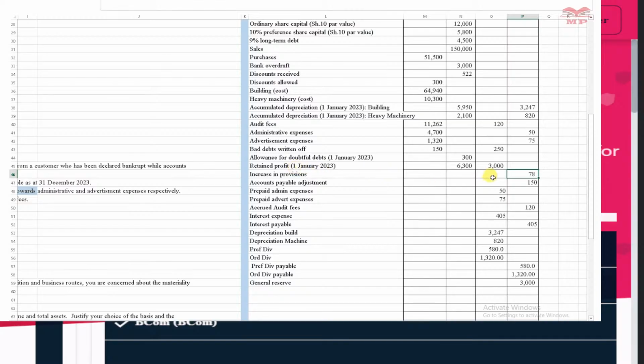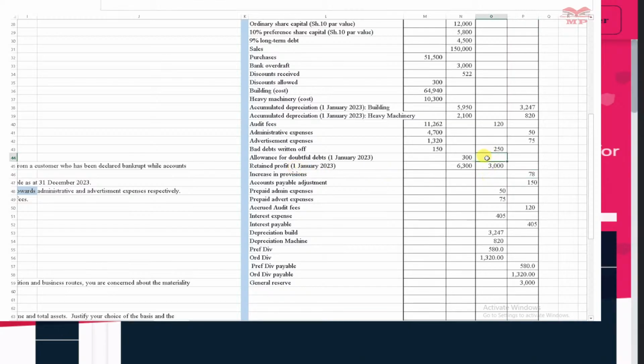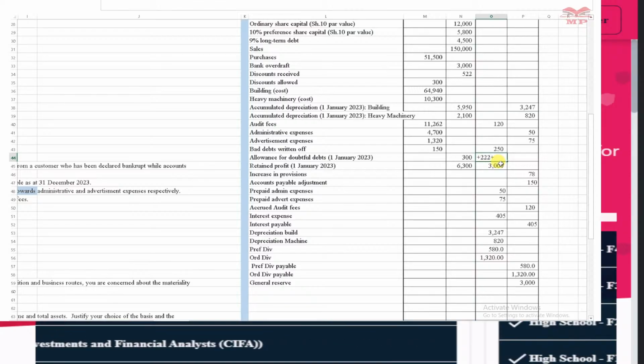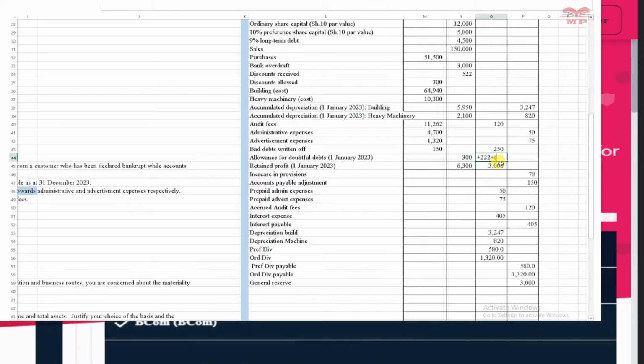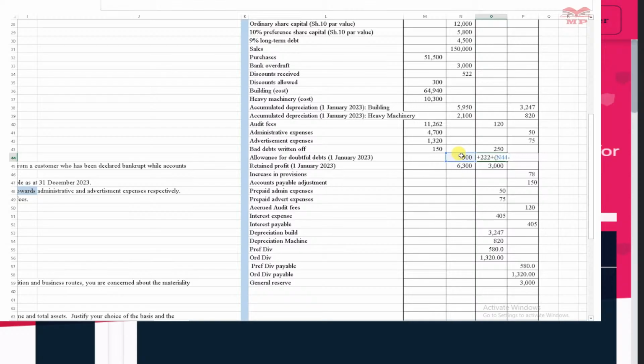We've not filled out this part here. I should pick 222, and then I add the difference between this 300, and then I subtract 222. And then I enter.